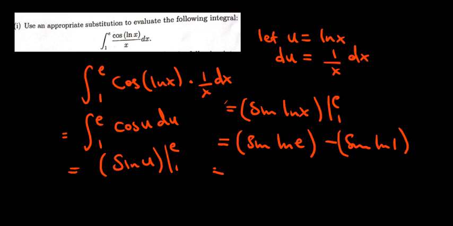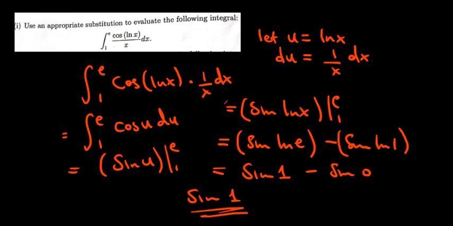Ln of e is just 1, so I'll have sine 1. Ln of 1 is 0, so I'll have sine 0, which is just 0. So I remain with sine 1 minus 0, which gives me sine 1. So this is going to be my final answer.